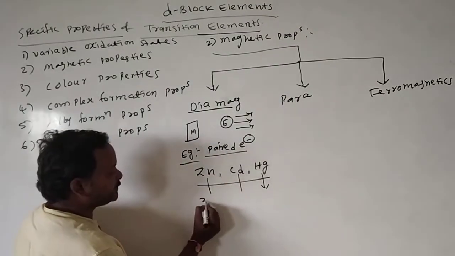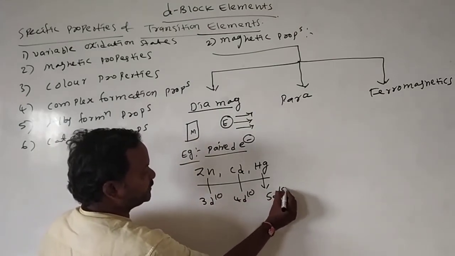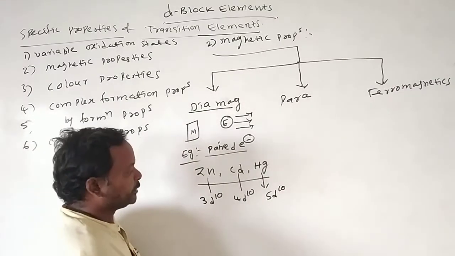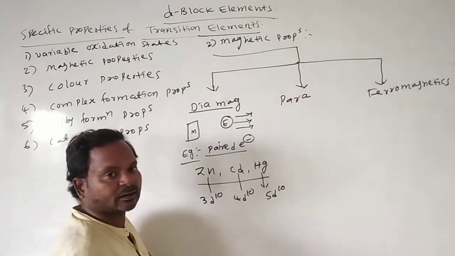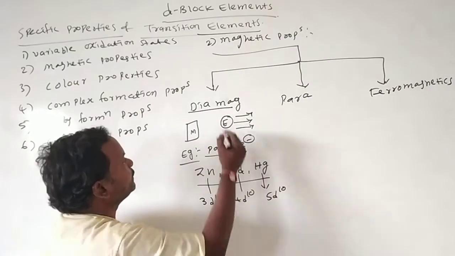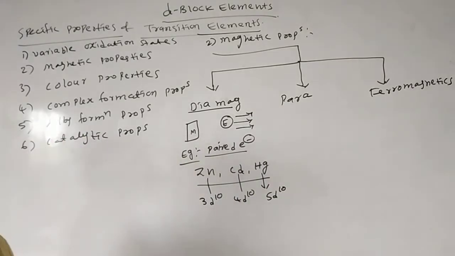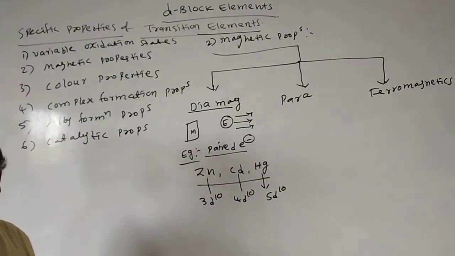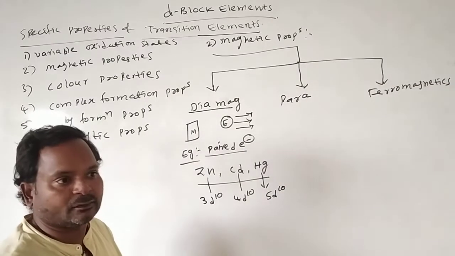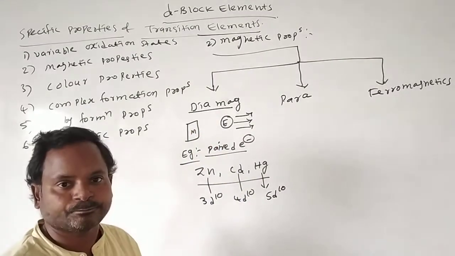Zinc is 3d10, cadmium is 4d10, mercury is 5d10. Due to the presence of completely filled orbitals or paired electrons, these molecules exhibit diamagnetic nature. Some molecules also have paired electrons in the outermost orbit.